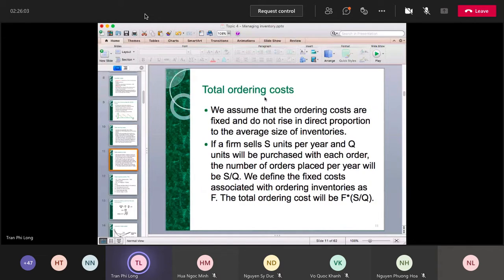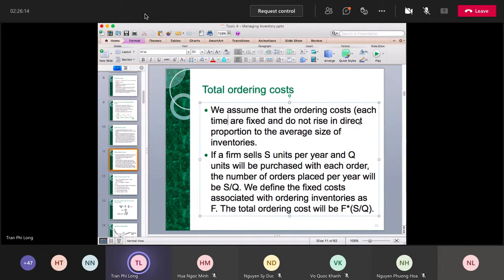And then we have the total ordering cost, and we assume that the ordering cost each time is fixed, and it will not rise in direct proportion to the inventory. What does it mean?